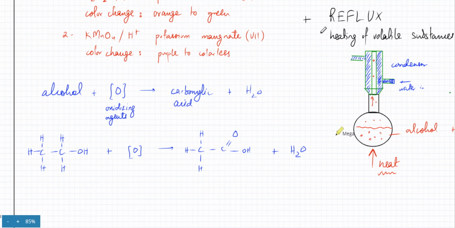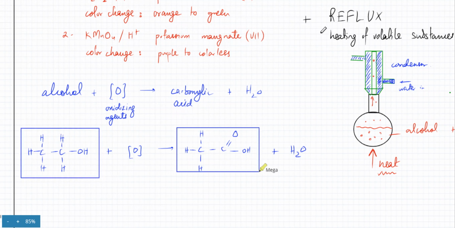The reaction is very simple. Take any alcohol, it changes into carboxylic acid, and all the changes happen to the carbon atom that was with the OH group. It's still with the OH group, except that now there's an oxygen added to it. So if you have ethanol, it's going to change into ethanoic acid.